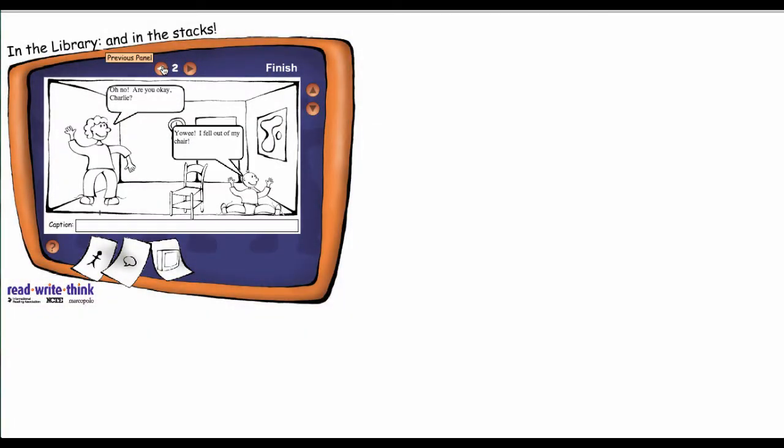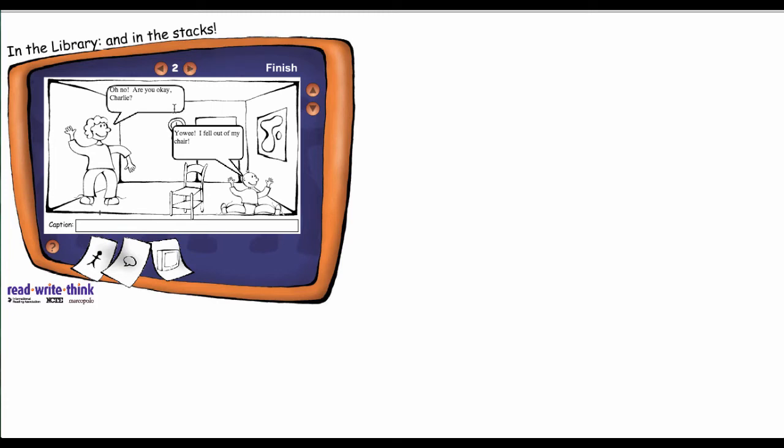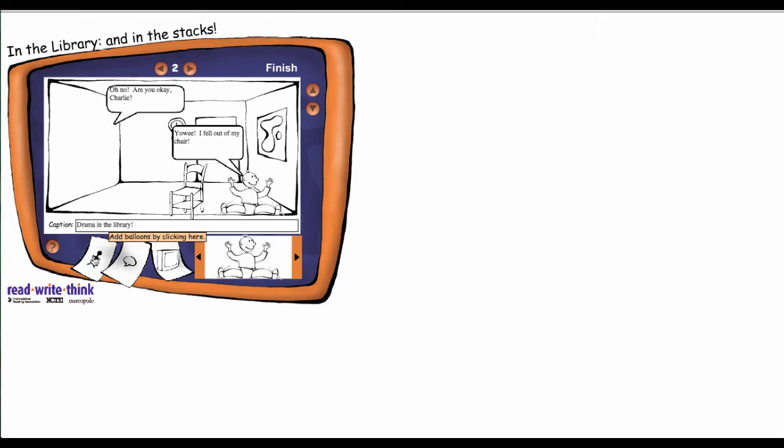Here is the comic a little bit more filled out. I've added a second and third pane here. Maybe I'll add a caption as well. And notice that as you click on people, you can add them, you can subtract them, or objects as well.